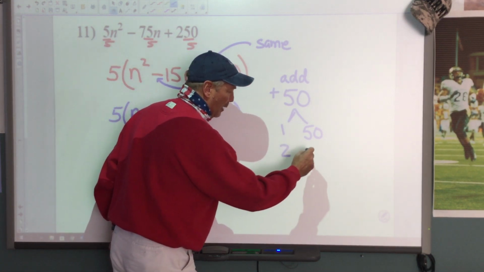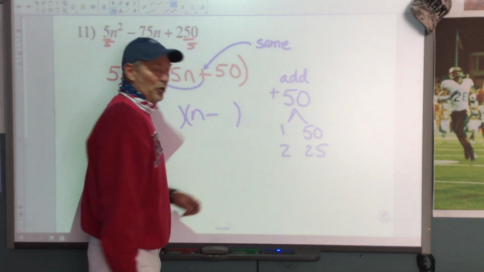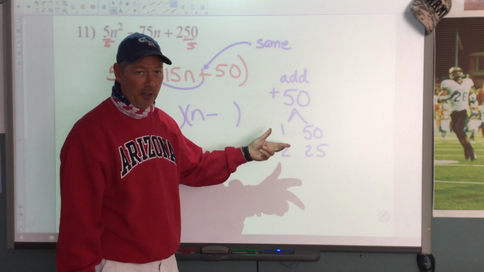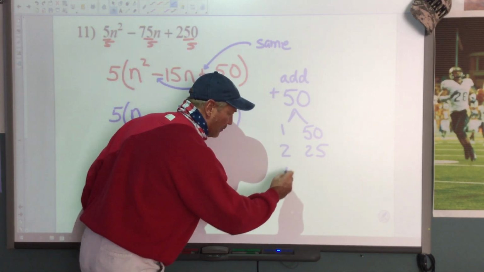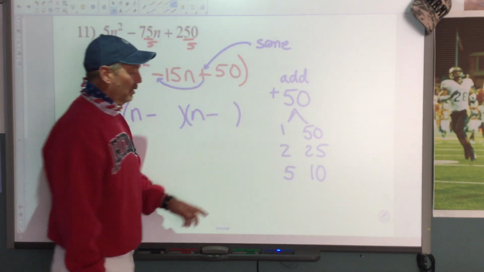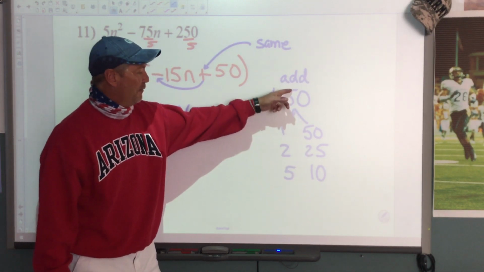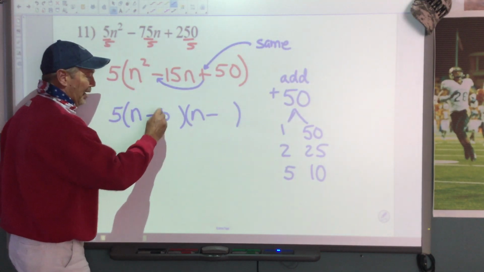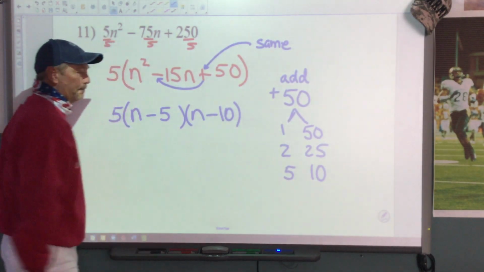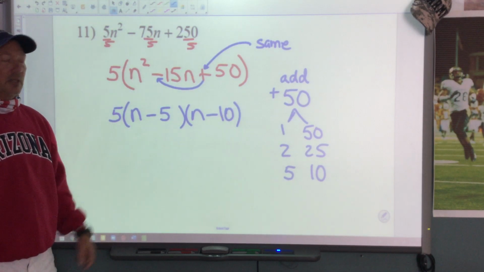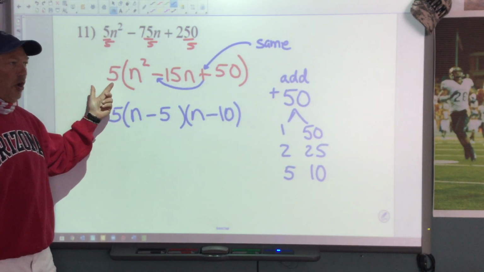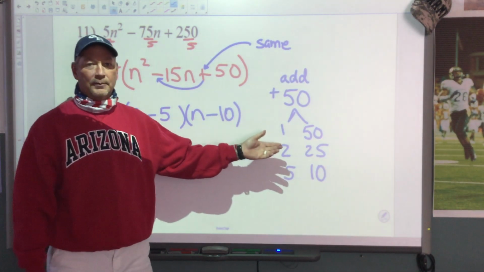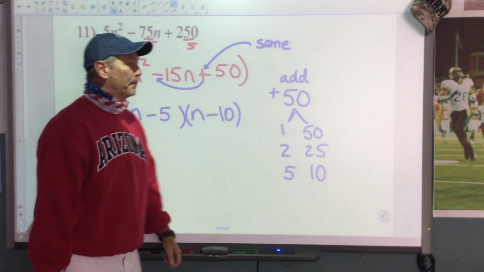I have 2 times 25. 3 does not work. It does not go evenly. 4 does not work. It does not go evenly. But 5 does. 5 times 10. And look at that. 5 times 10 is 50. And 5 plus 10 is 15. This is the combination that I want. 5 and 10. Look for your greatest common factor. Always try to check to see if you have a greatest common factor, and then go through your process. Okay? Let's try a couple more.